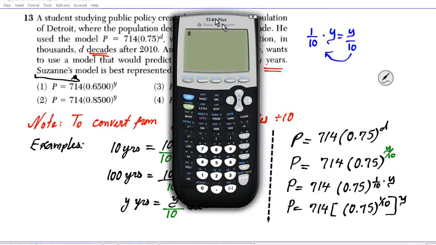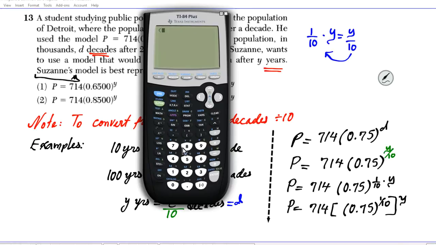Let's enter that into our calculators. Make sure you put your 1/10 in parentheses. You get 0.9716 to 4 decimal places.